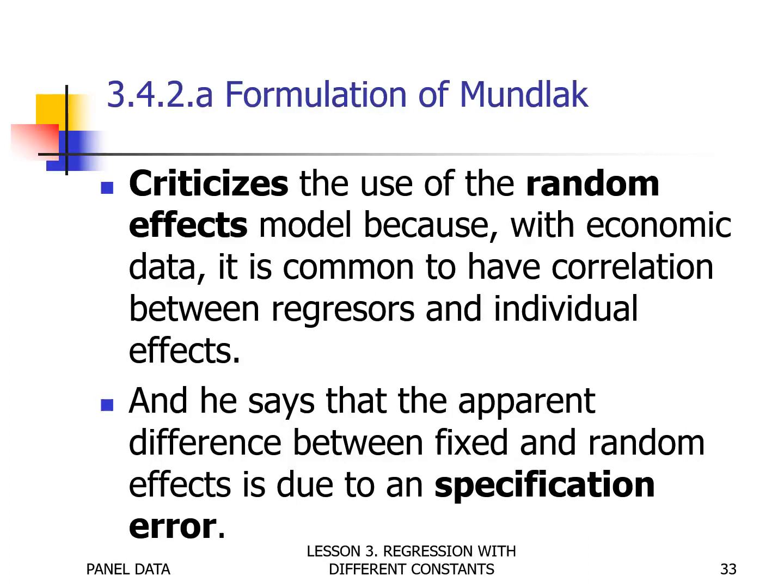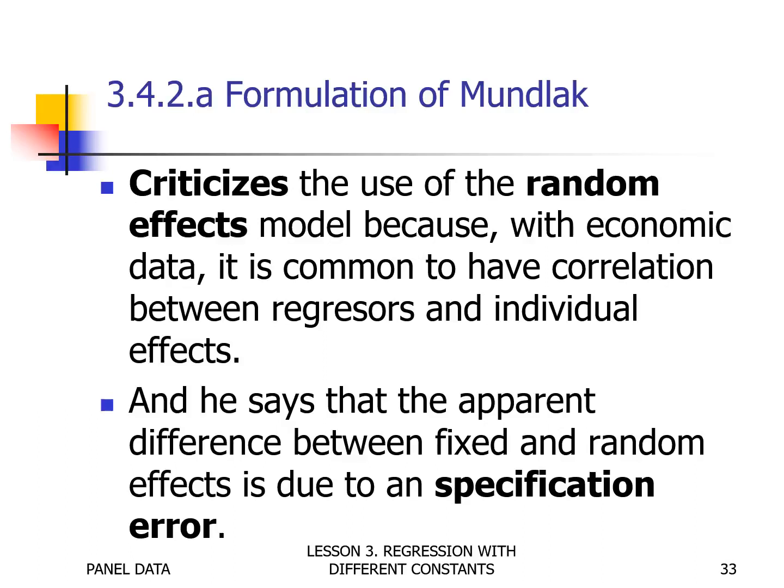The next thing I would like to tell you is about the formulation of Mundlak, and the idea is that Mundlak, who is a researcher in panel data, criticizes the use of random effects, and he says that with economic data it is very common to have correlation between regressors and individual effects, so he proposes to use always the fixed effect model.